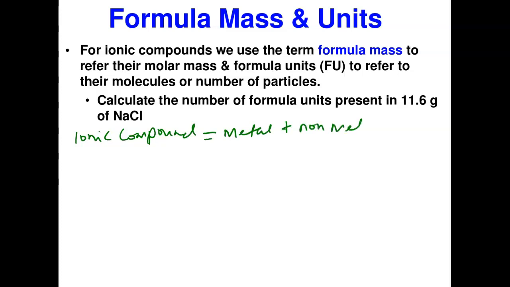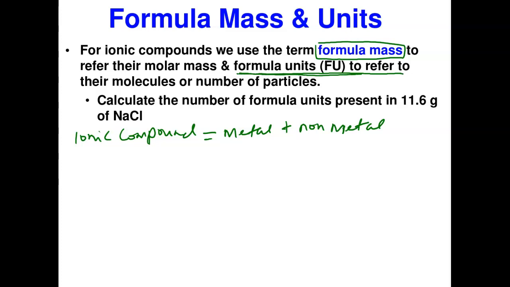That's what we call an ionic compound. Now, ionic compounds are usually non-molecular compounds. So instead of saying molecular mass, we use the word formula mass to describe their so-called molecular mass if they were covalent or molecular compounds. And then we now say the number of particles they contain. Since they don't contain molecules, what they contain is just formula units. We refer to them as formula units as their number of particles.